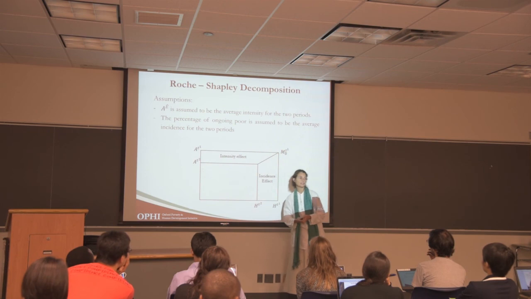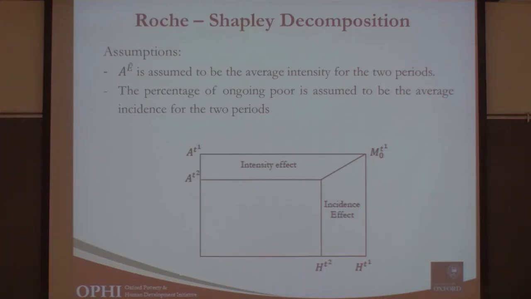And this is based on Revalian and Hoopy, and Jose Manuel de Roche came up with the methodology extending Revalian and Hoopy. What Shapley assumes is that the people who left poverty had the average of the intensities of the poor in the two periods. So intensity in period 1 plus intensity in period 2 divided by 2.